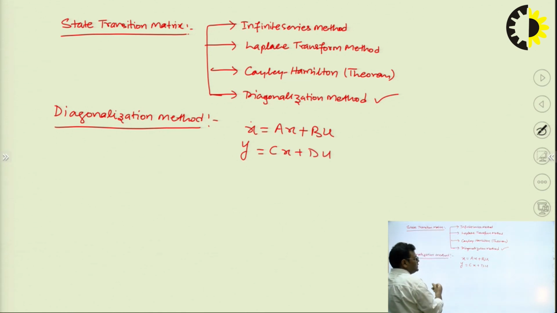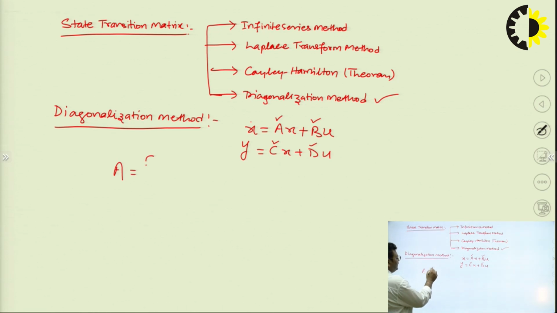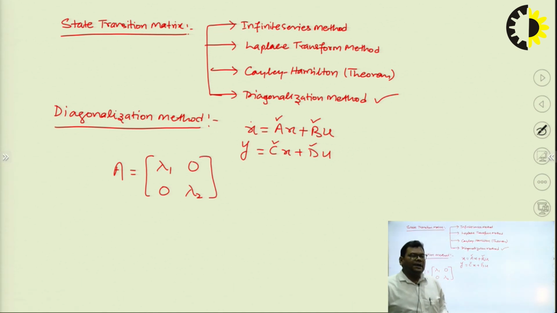So in these equations we will generally have the values of A, B, C and D. If matrix A is given in the form lambda 1, 0, 0, lambda 2, that means it is a diagonal matrix, then how can we find the state transition matrix?